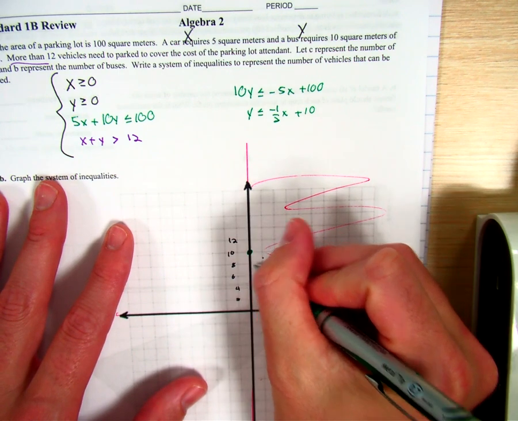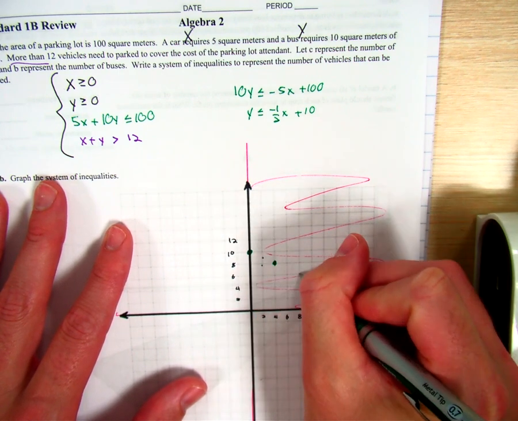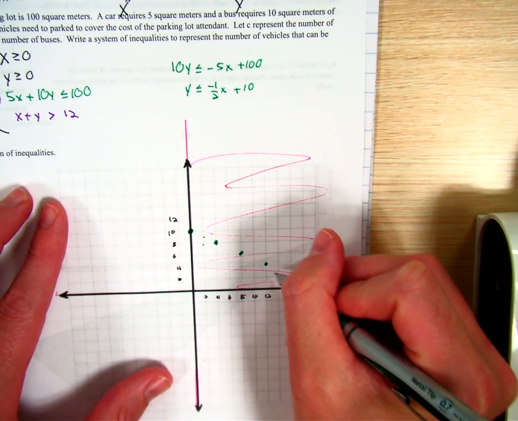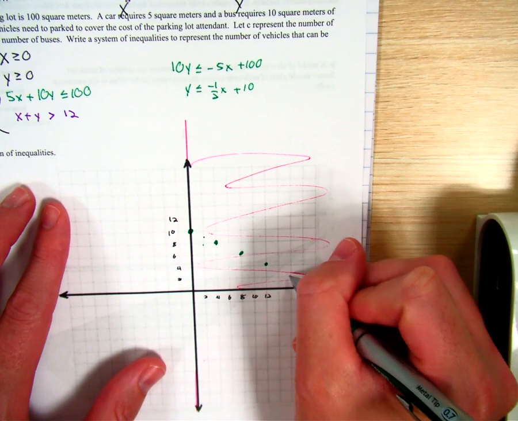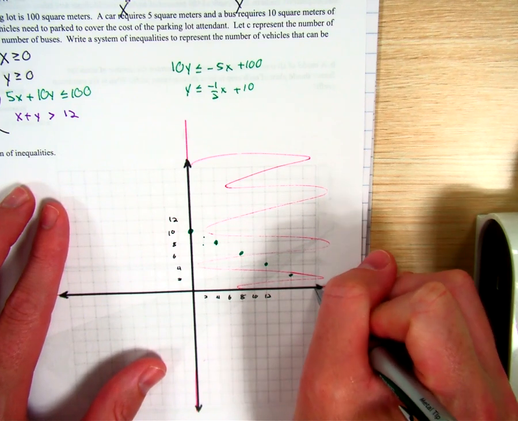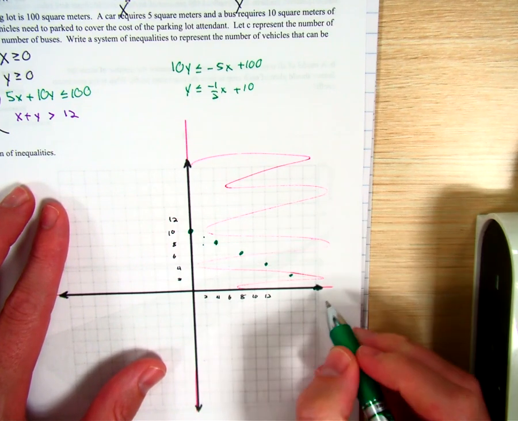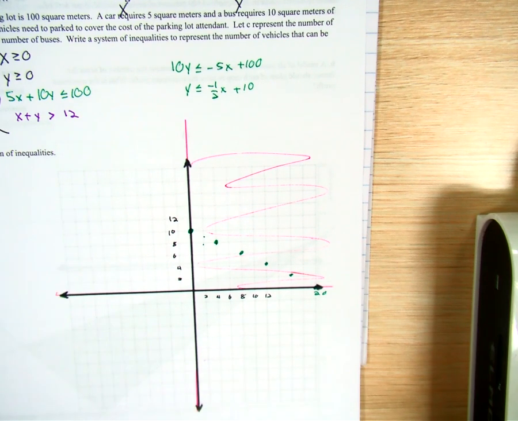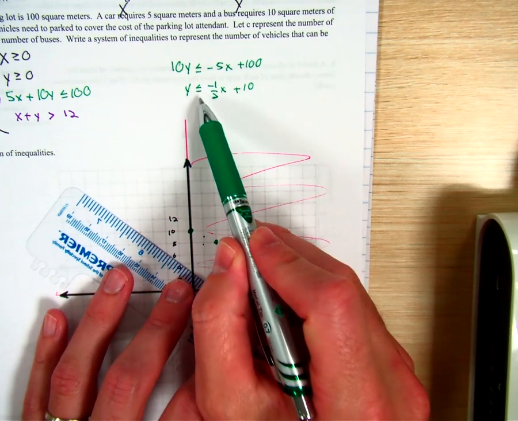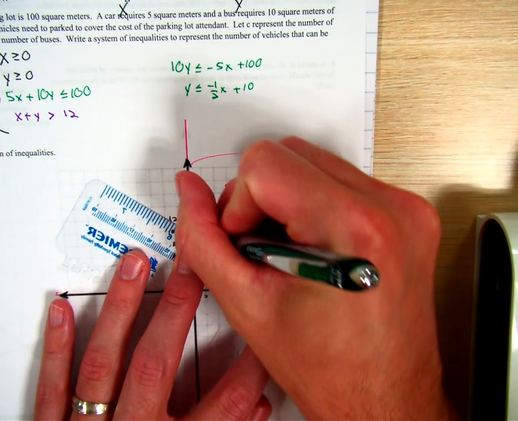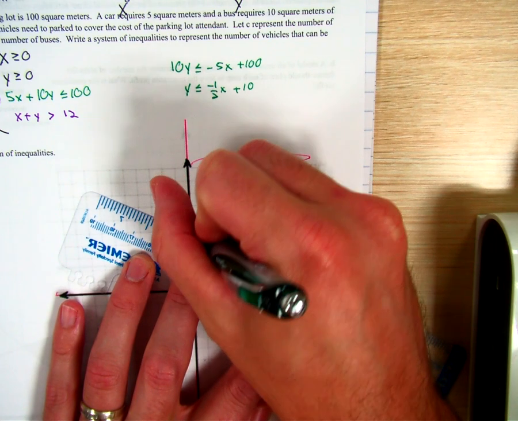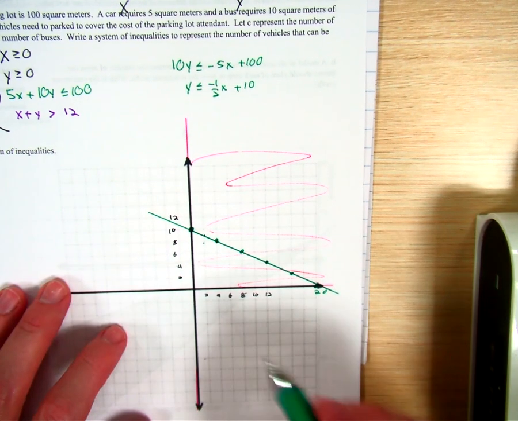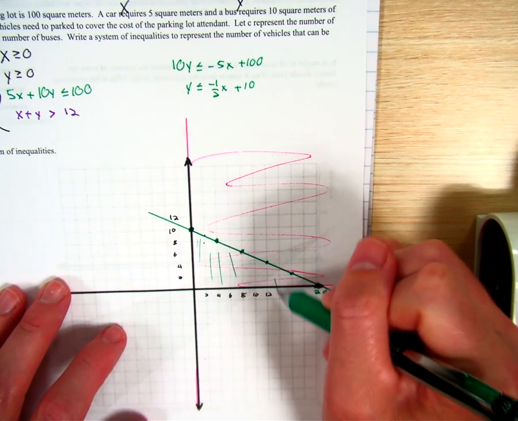So down 1, out 2, down 1, out 2, and that's going to be way out here at 20. And that is less than or equal to, so solid line, and underneath.